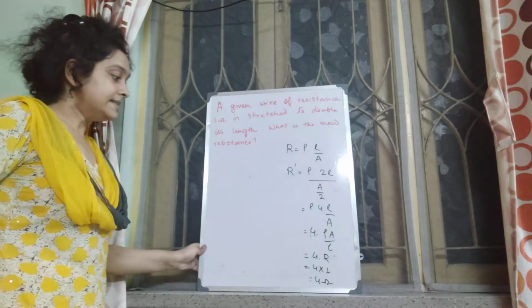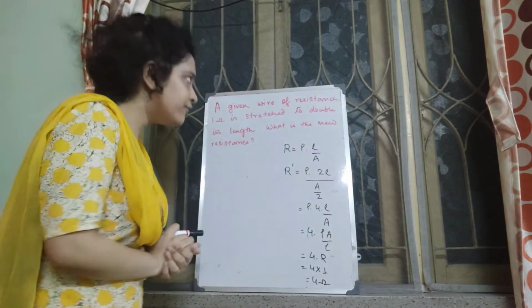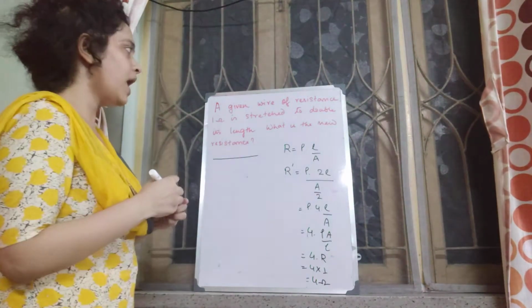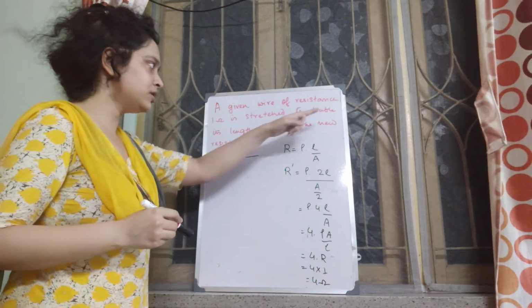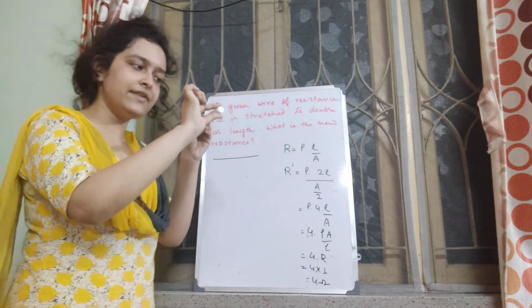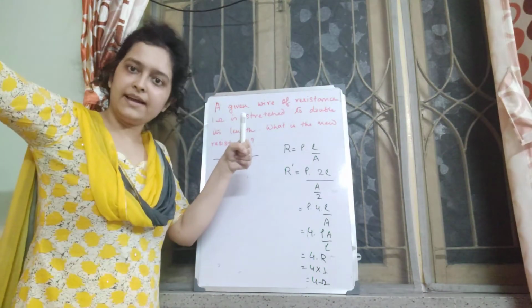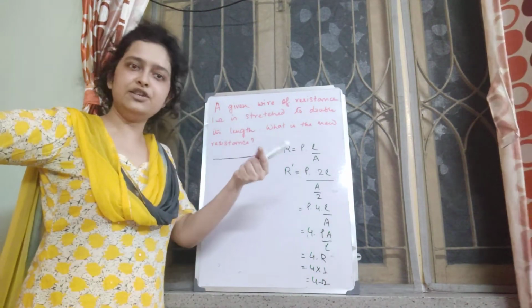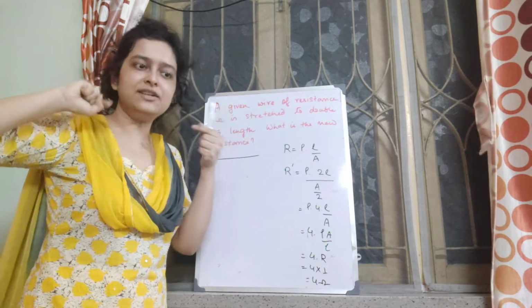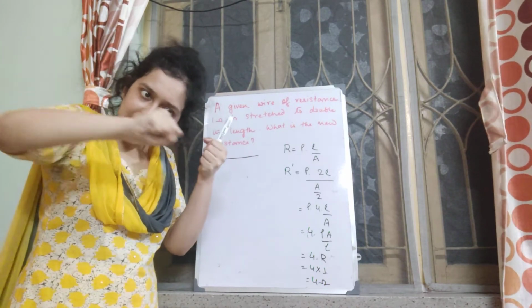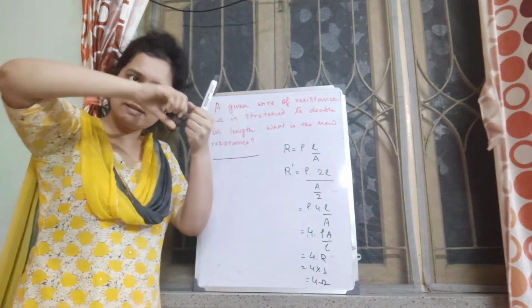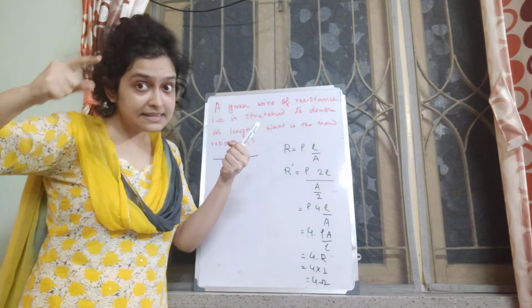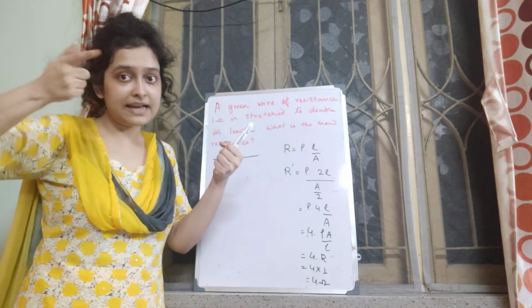Now see this sum. A given wire of resistance 1 ohm is stretched to double its length. So a wire is given, you are stretching the wire so that its length becomes double of the initial value. If you are stretching the same wire, its length is getting doubled, but isn't its cross section area getting halved?